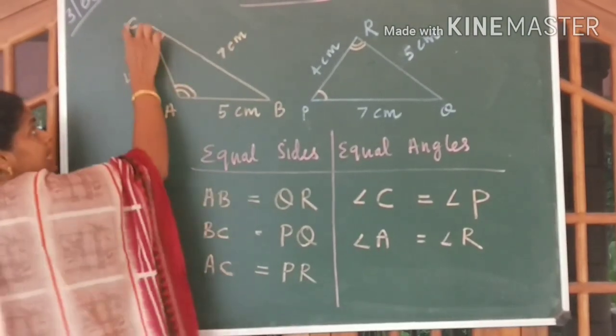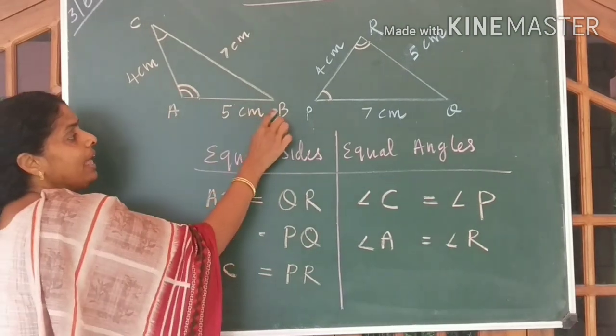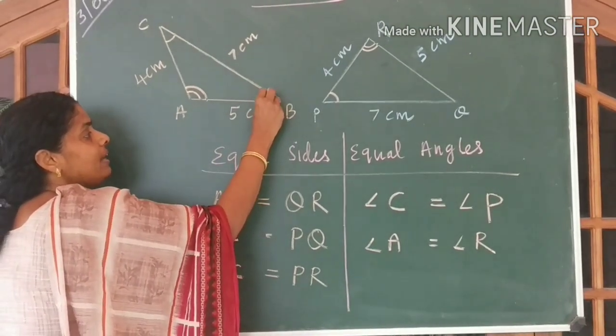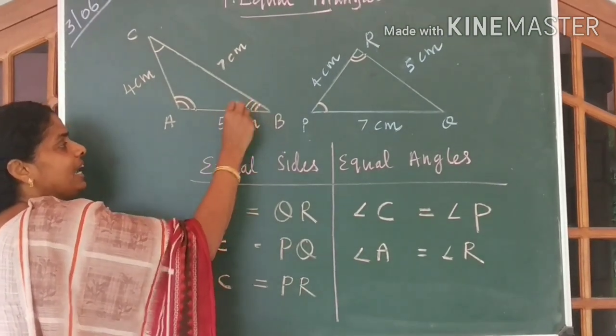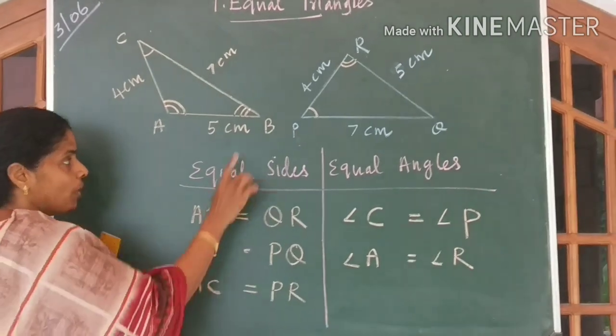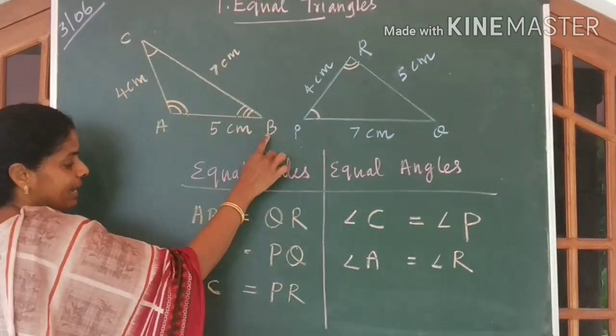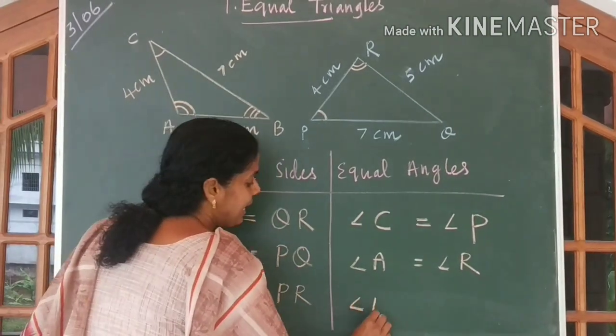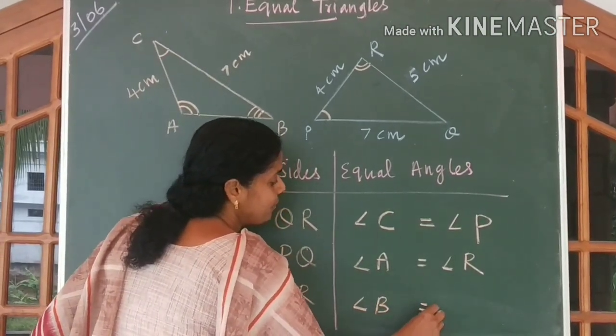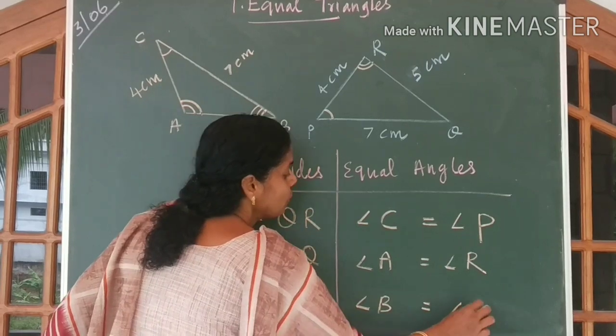Opposite to AC, which is the angle B. See here, I am drawing three lines. Opposite to AC, you have angle B. So angle B is equal to angle Q.